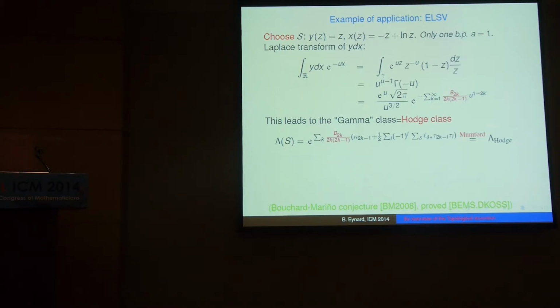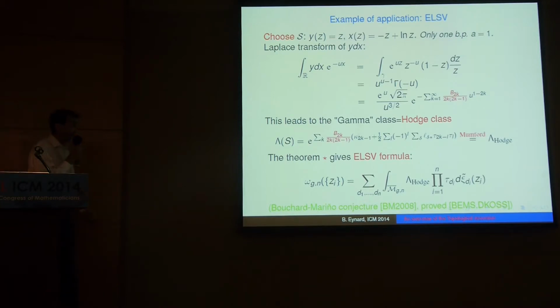So what we get is that if we start with that spectral curve, the omega g,n are Hodge integrals over M_g,n bar. And this thing on the right-hand side is exactly the right-hand side of the famous ELSV formula. And here again, we obtain it just by doing this three-line computation. So it seems to work very well.